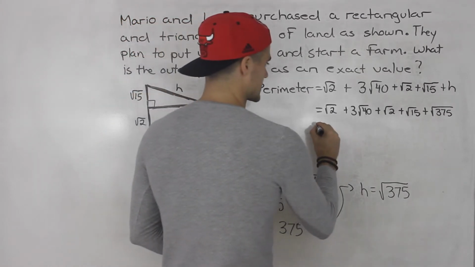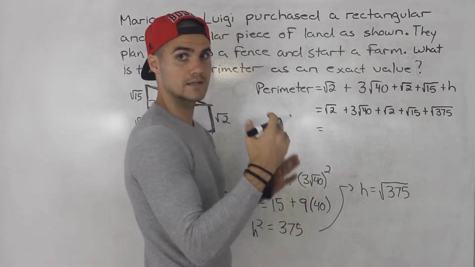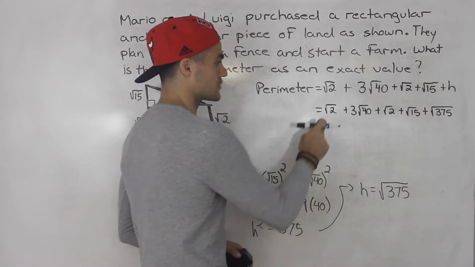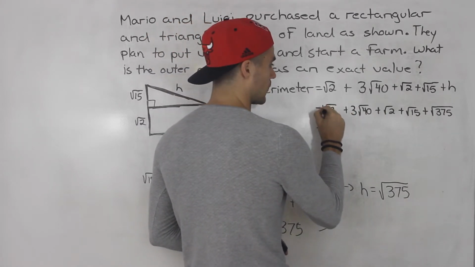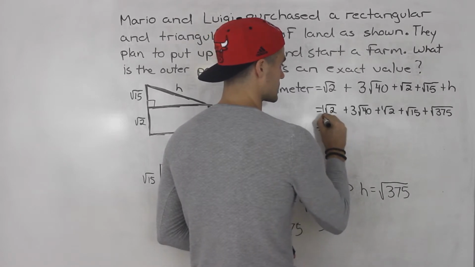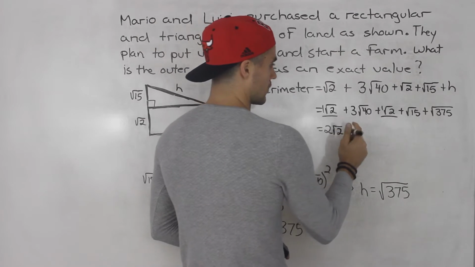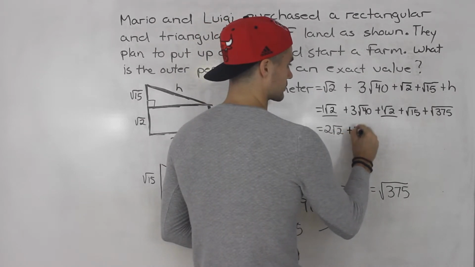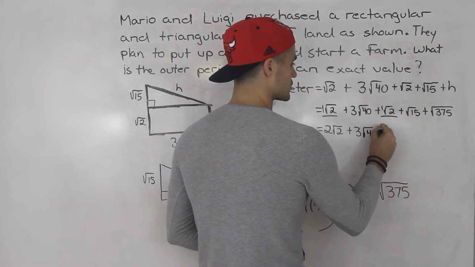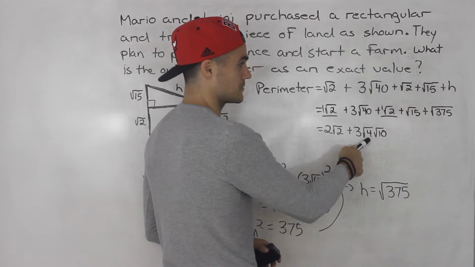Now let's simplify all this. First off, we have to simplify any radicals, and then we also have to look for like terms. Notice root 2 plus root 2 is like 1 root 2 plus 1 root 2. Those are like terms, so we can add those: root 2 plus root 2 is 2 root 2. With 3 root 40, we can split root 40 up into root 4 times root 10, because the square root of 4 is smooth.